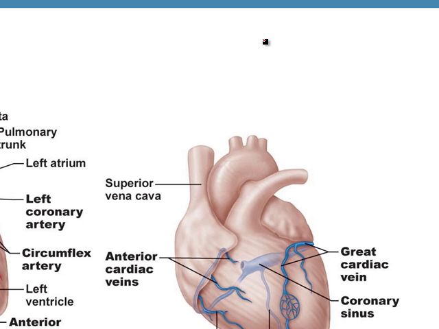Coming off the aorta, behind. Okay? And the aorta here. So we see the right coronary artery and the left coronary artery that then branches to feed the heart. And what happens after we've dumped off our goodies in the heart and picked up waste products from the heart? Cardiac veins. And where are they going to dump into?